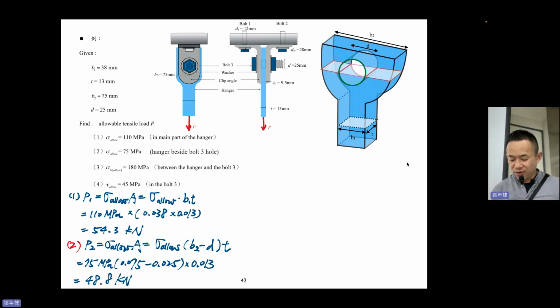So how about 54.3 kN? Of course, this place breaks, right? So this part is weaker than this part. You can see this from the values.